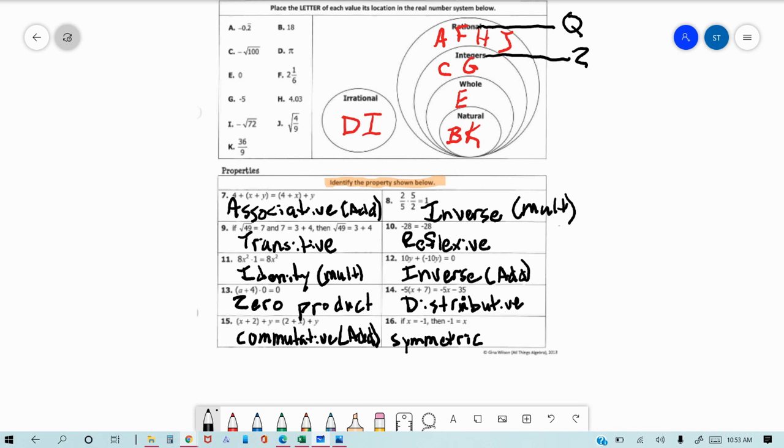When you're finished with this, go ahead and grab page B so we can do page B together. Selena, are you finished with this?